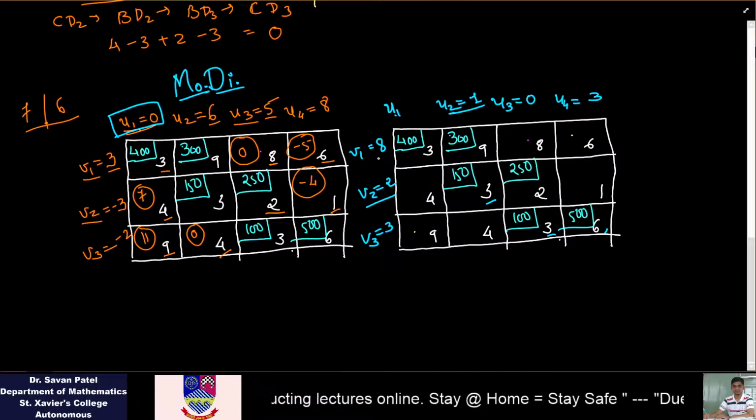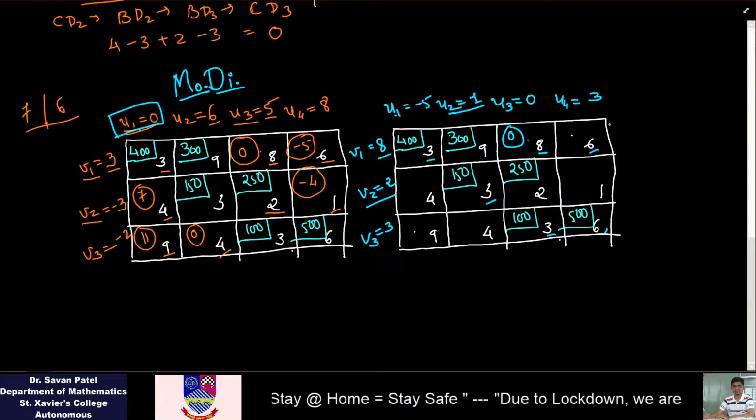And since this is 8, to make this quantity 3, we must have this quantity minus 5. So now all we have to do is find the additional transportation cost via the same process. That is 8 minus the sum of these two, 8 plus 0, so it is 8. 8 minus 8 is 0.